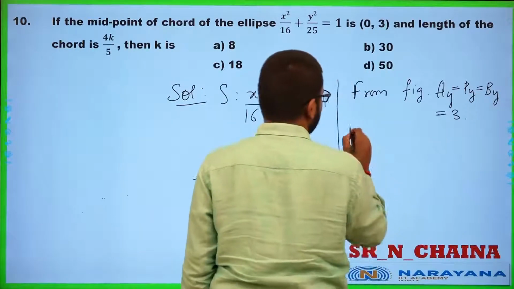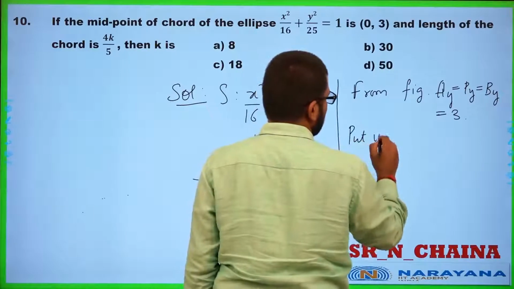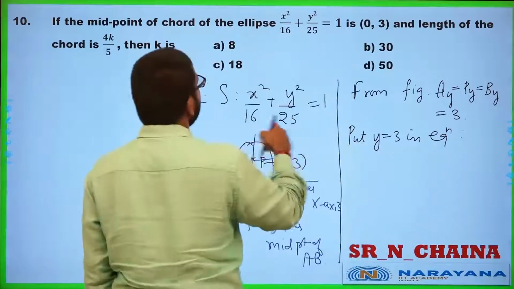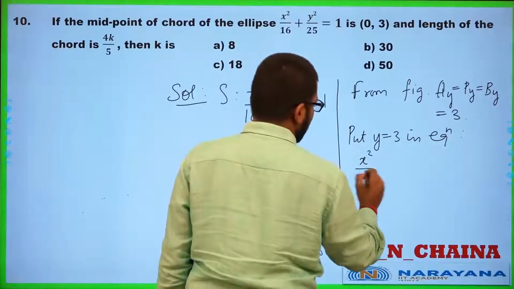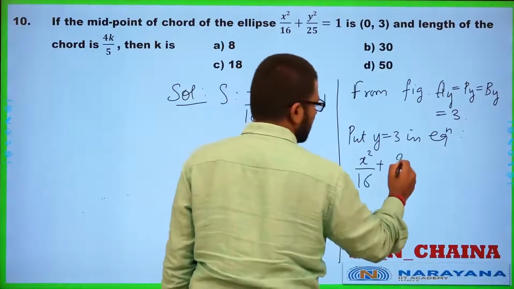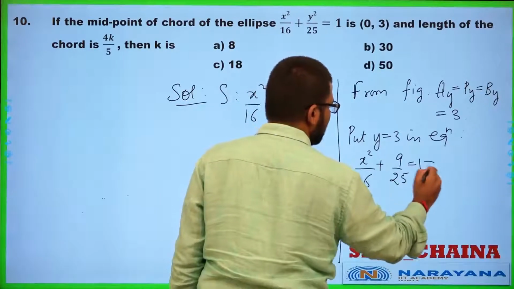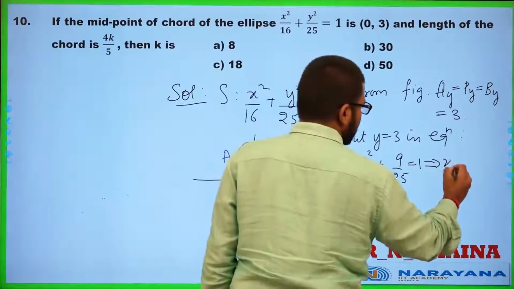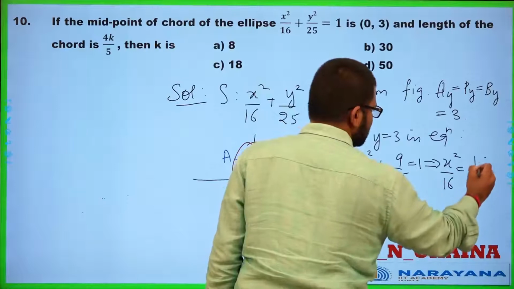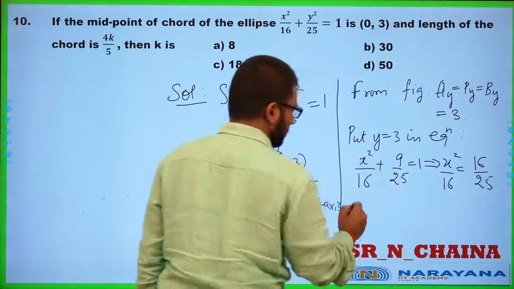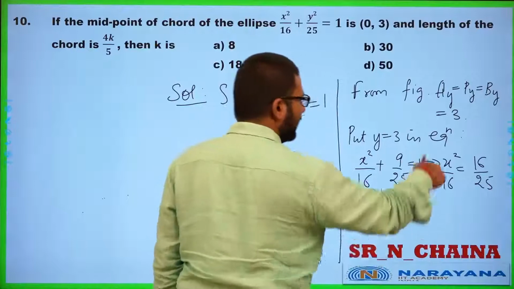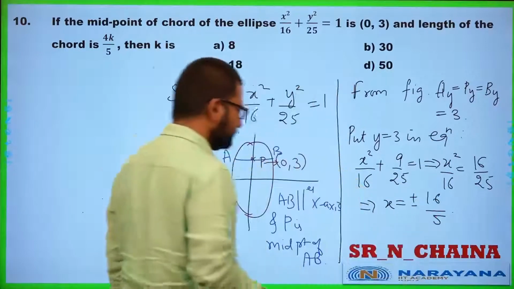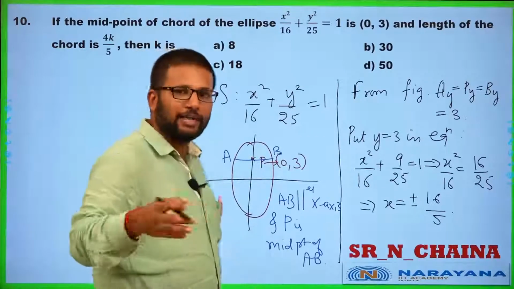the y coordinate of A, the y coordinate of P and the y coordinate of B are all equal to 3, right? So putting y equal to 3 in the equation of the ellipse, what do we get? x square by 16 plus 9 by 25 equal to 1. Take it there, we know it will be 25 minus 9, so 16, so x square by 16 would be 16 by 25, right? Which means x would be plus or minus 16 by 5. So for A and B, now we know the x coordinates.